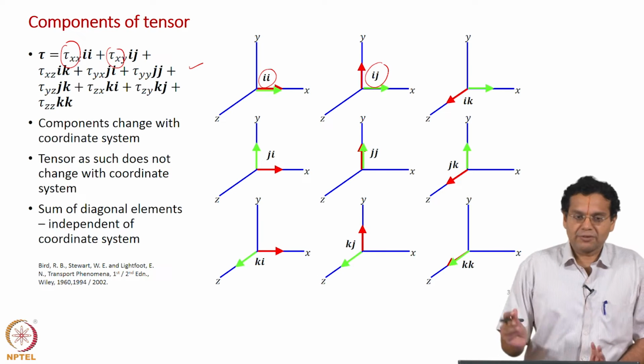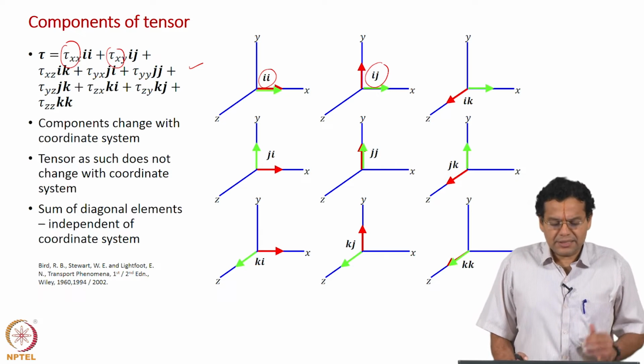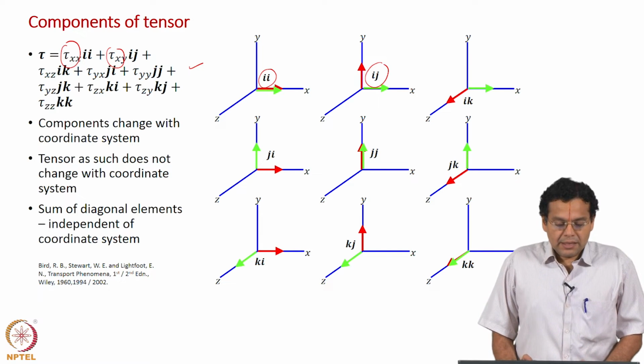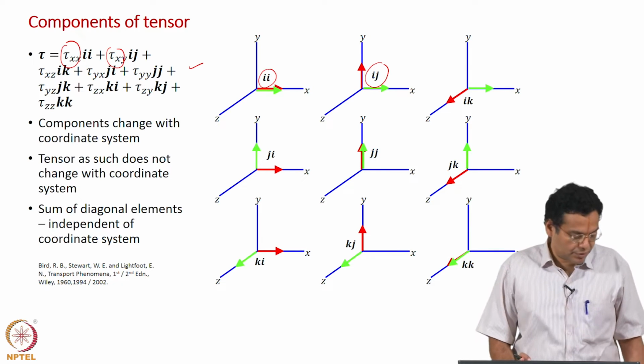Similarly for other pairs of directions. We also discussed that the components change with coordinate system. The tensor as such does not change with coordinate system. We also have that the sum of diagonal elements is independent of coordinate system. That is a review of tensors.